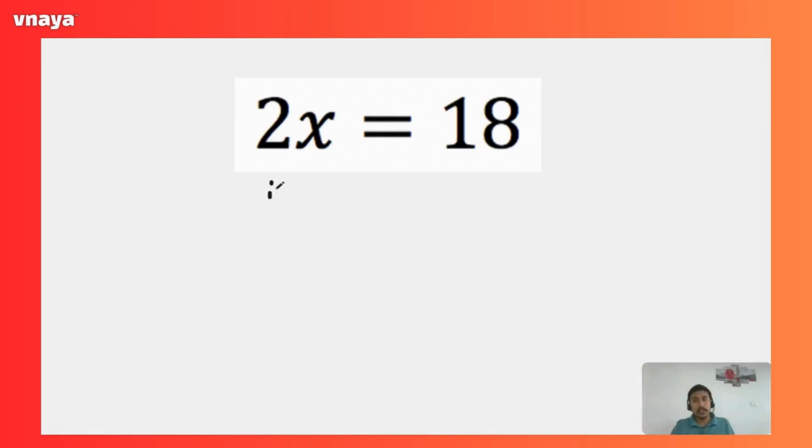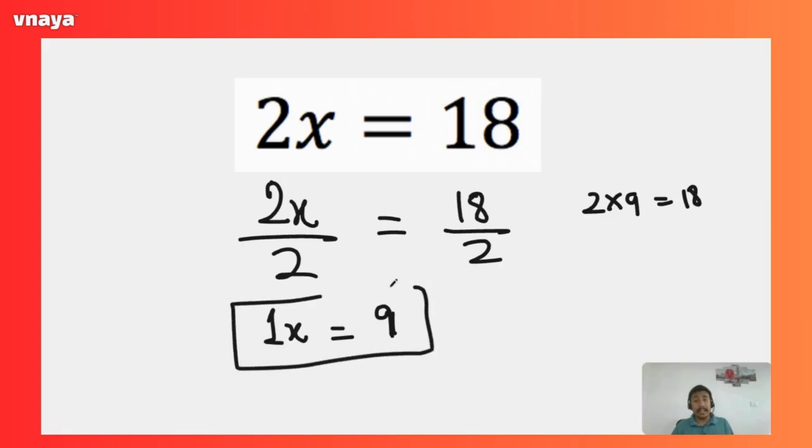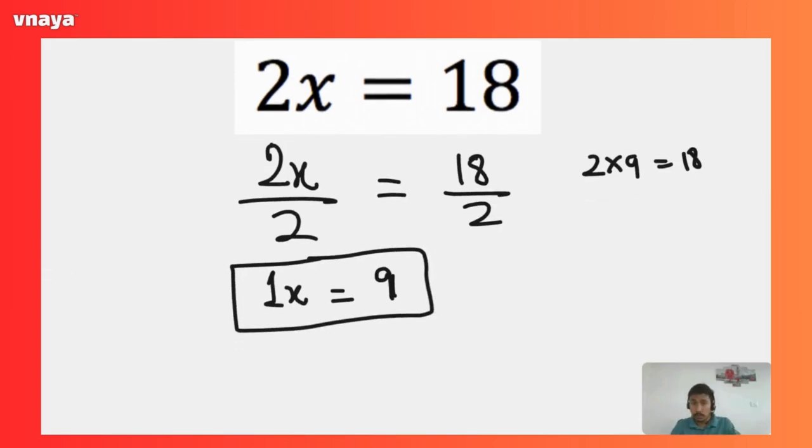So you need to divide both sides by 2, to maintain the balance. 2 divided by 2 gives you 1x, equals 18 divided by 2, because we know 2 times 9 gives you 18. So we have 9. That means you have 9 candies and your friend has double the candies compared to you.